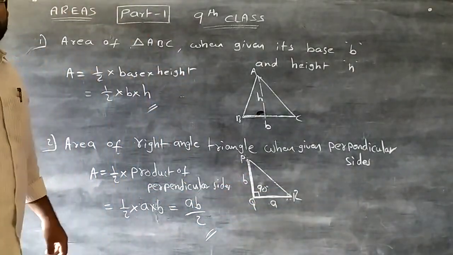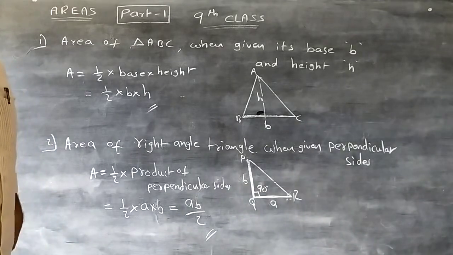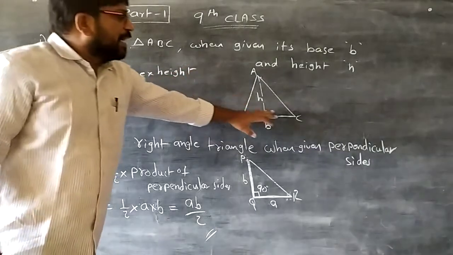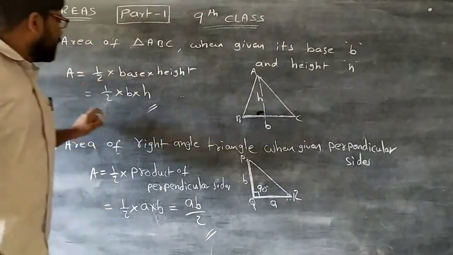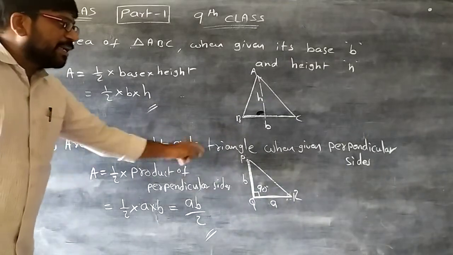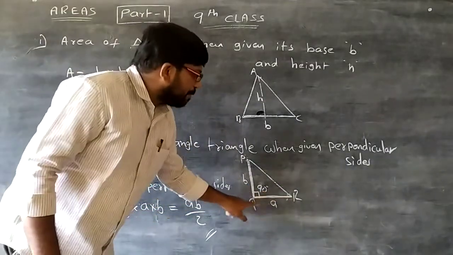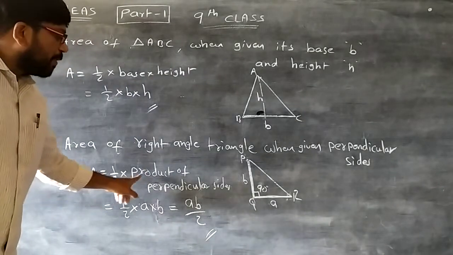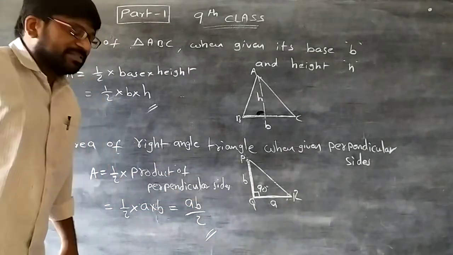Right? So formulas are very important. Keep them in your mind. The first one, area of triangle when given base and height, its area is half into base into height. Area of right angle triangle when given perpendicular sides, its area is half into the product of perpendicular sides, right?